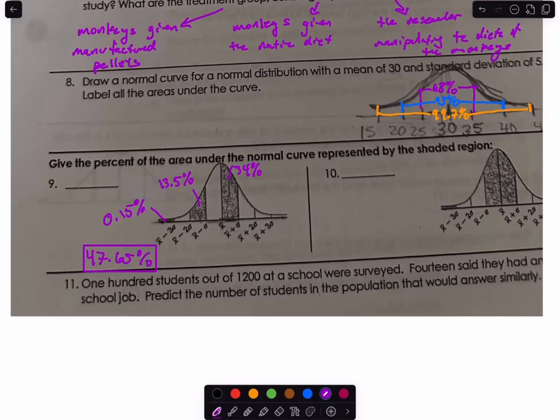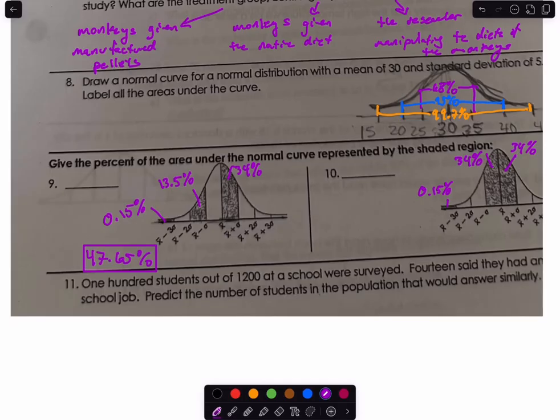I want to say we can use results that we got from before, right? So this should be 34% here, as well as this one should also be 34%. And this one should be 0.15%, right? 68.15, unless there's something cut off.